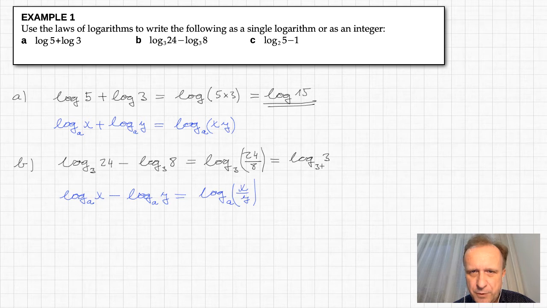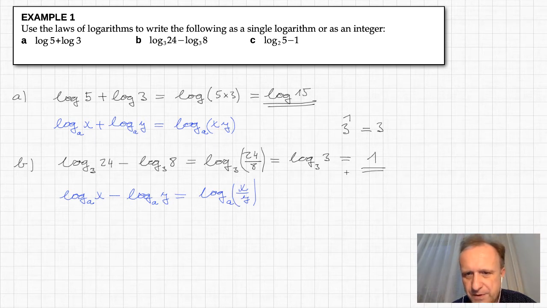According to the definition of the logarithm, this should be the exponent to which 3 has to be raised in order to get 3. So 3 to what equals 3? You can easily see that it's 3 to 1. 3 to the first power is always 3. So therefore, the answer to this is just 1.